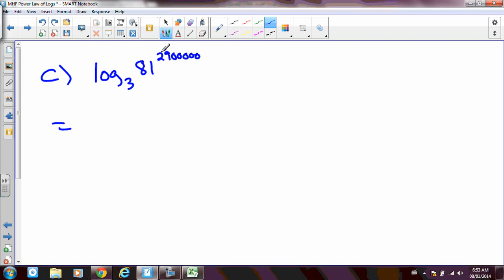But if I recognize that this value is an exponent and this value is an exponent, I can rewrite it as that. Let's say it's 29 million times log base 3 of 81.